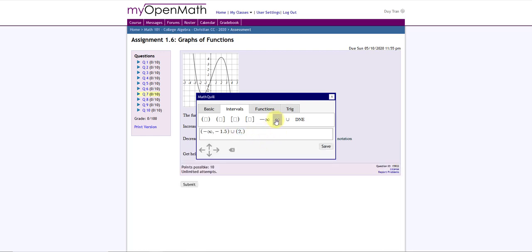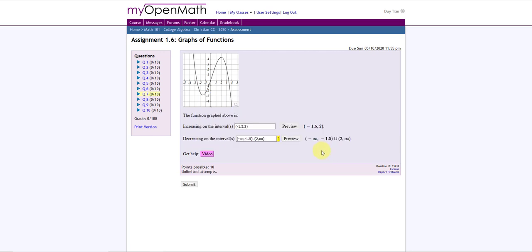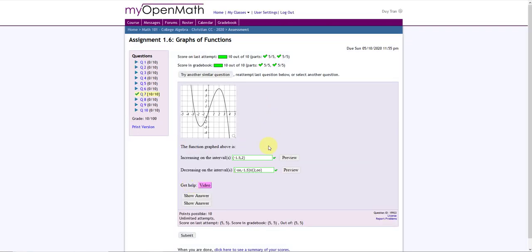The union means the "and" notation. I mean this interval and this interval. You want to say that they are together. So save that answer. That should be how to type it on here, and click submit. That should be correct. And now let's move on to number 8.